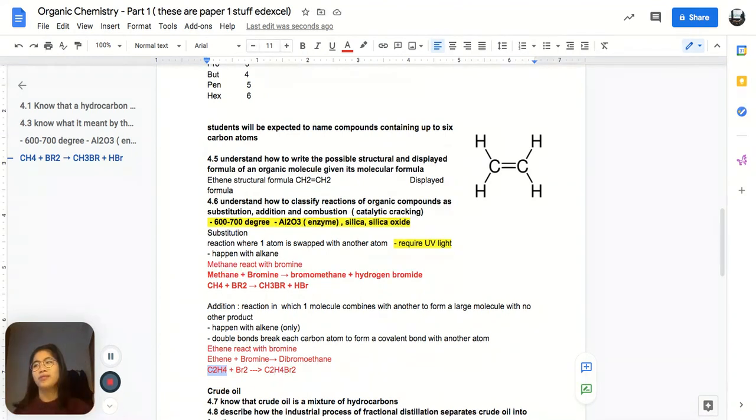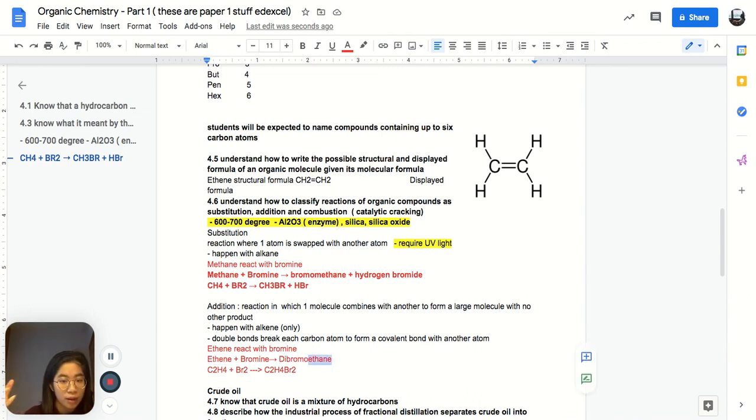You probably have no idea what I'm talking about, so I'm gonna give you guys an example. If you guys could see my camera, you could see that CH3Br, you write the number down and you don't write the number next to the letter, if that makes sense. So that's something that you gotta remember. And ethene plus bromine gives you dibromoethane.